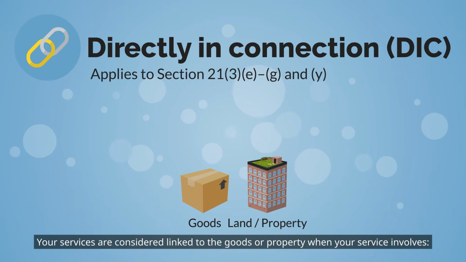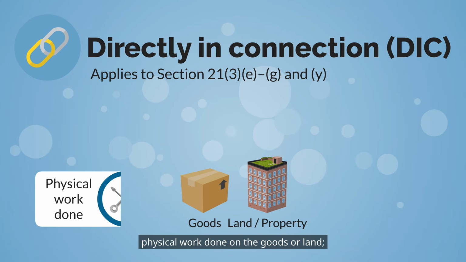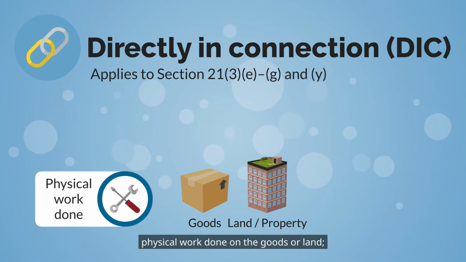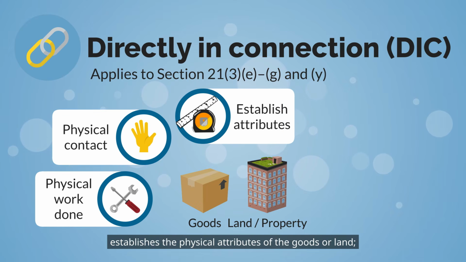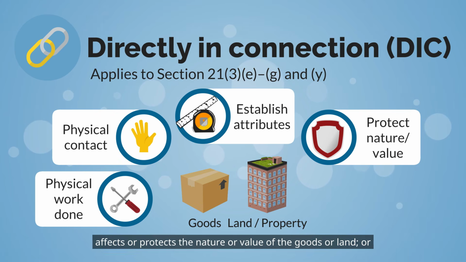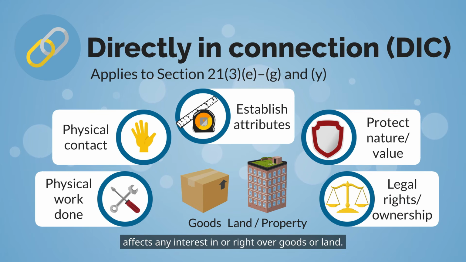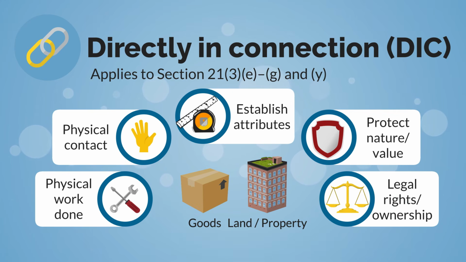Your services are considered linked to the goods or property when your service involves physical work done on the goods or land, physical contact or interaction with the goods or land, establishes the physical attributes of the goods or land, affects or protects the nature or value of the goods or land, or affects any interest in or right over goods or land.